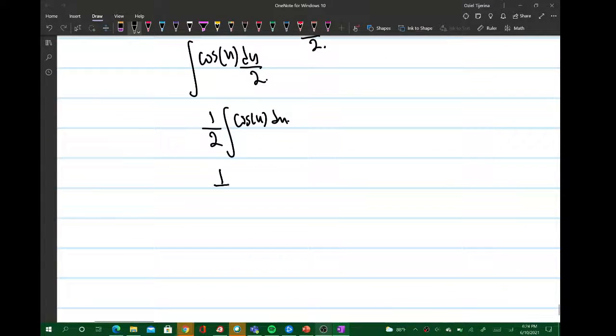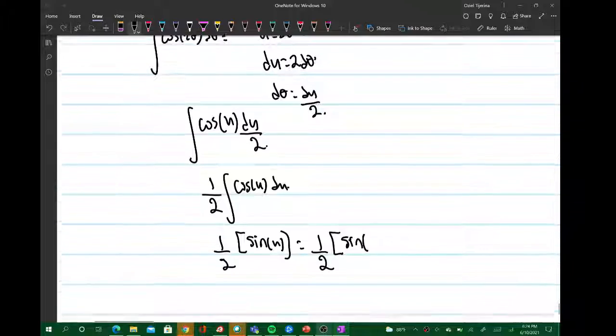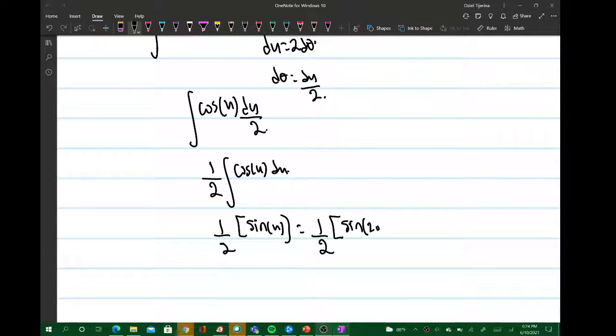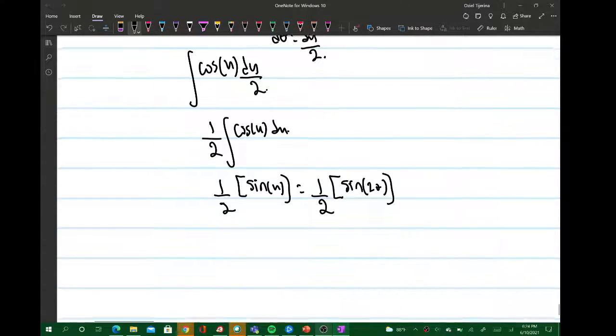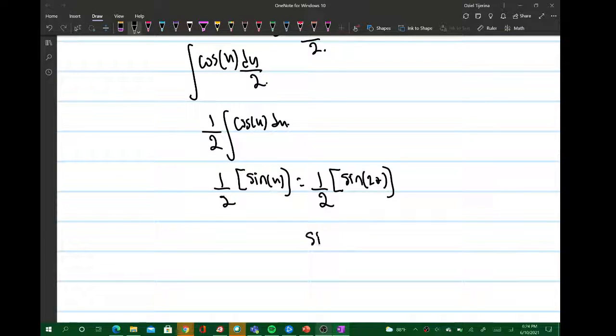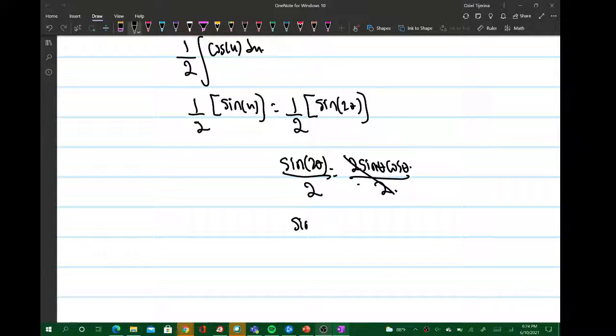And then you're going to say that this is just 1/2 times the integral of cosine of u du. So then this will be 1/2 times sine of u, which is really just 1/2 times sine of 2 theta. Now, you can simplify this. Sine of 2 theta all over 2, that's really just 2 sine theta cosine theta all over 2, which is really just sine theta cosine theta.